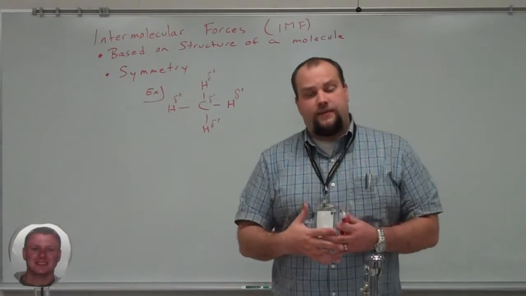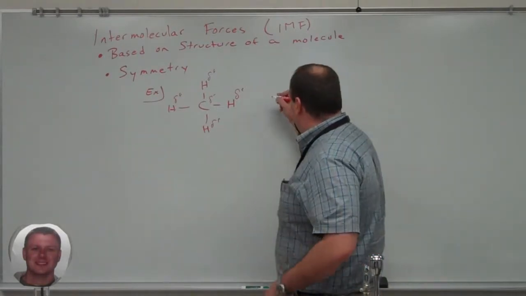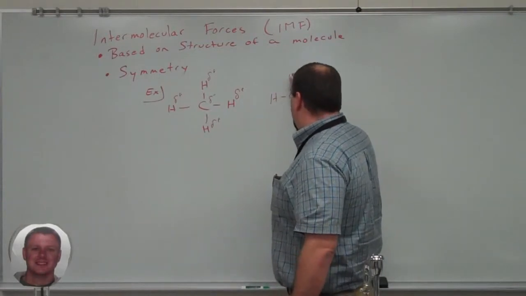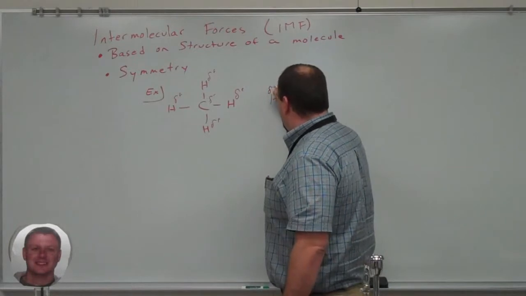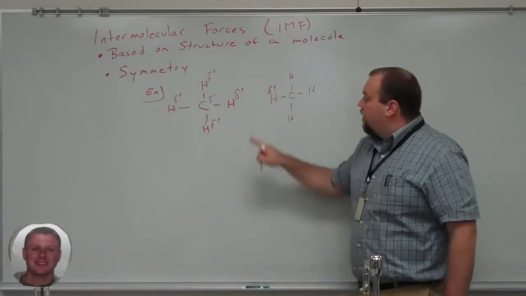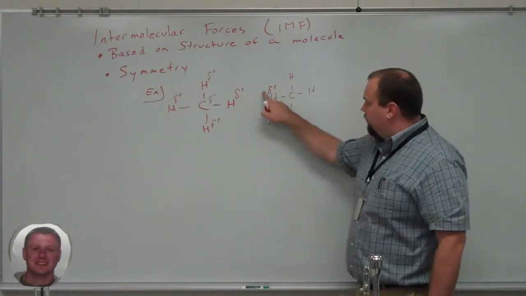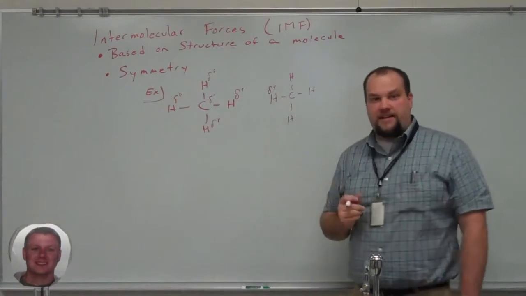Right? There's a dipole, there's an unequal sharing of electrons. But the reason why it's not polar is because if I have another CH4 or methane molecule come next to it, the only parts of the methane molecules that can bump together are the partial positives. There is no way for that H to get past these partial positive charges.